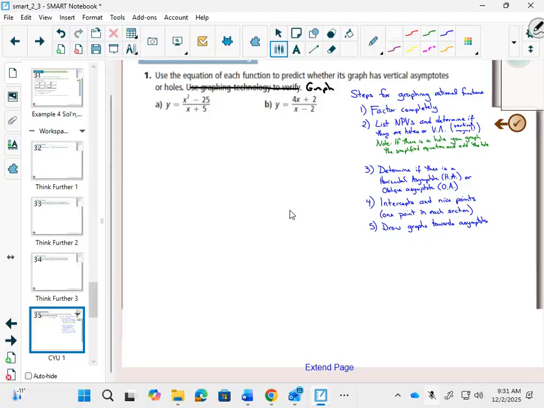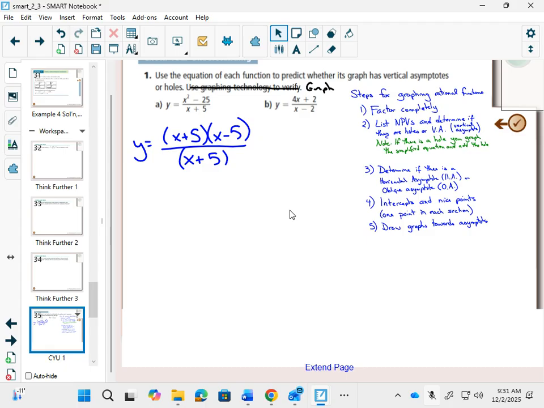Okay? So, anytime you have a rational function, it's going to be very important that you factor. So for the first graph here, I can start by noticing the top is a difference of squares. And after I've factored it, I'm going to list my non-permissible values.